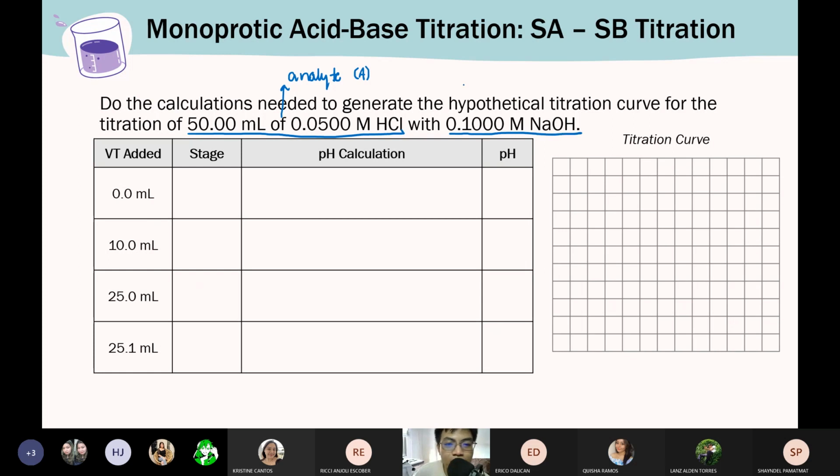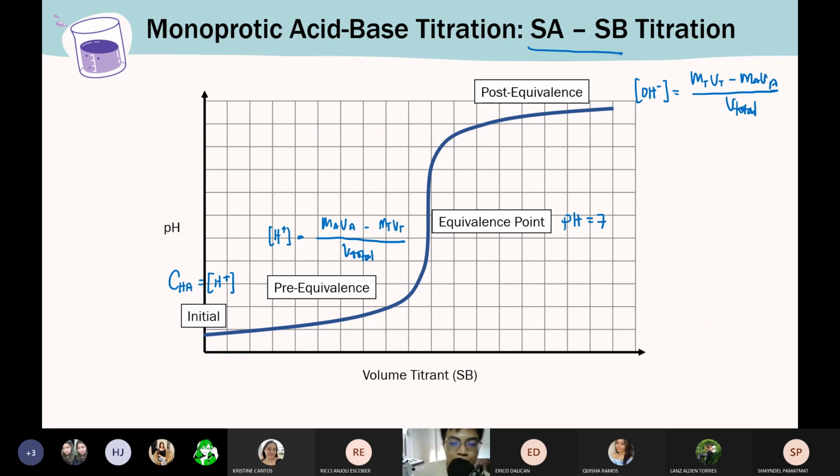So, kumbaga alphabetical yung pagkaka-arrange. Okay? So, you have your analyte, your A, you have your titrant, the T. So, iba-iba yung mga A dyan, yan yung mga analyte, molarity times volume niya. Yung T dyan, yun yung titrant. Okay? So, yan.